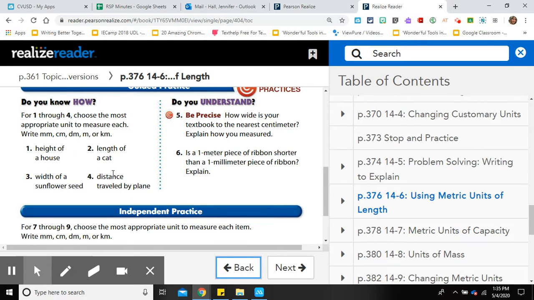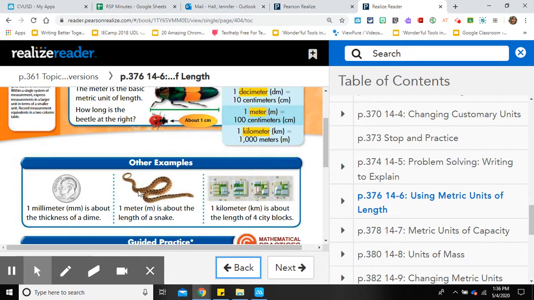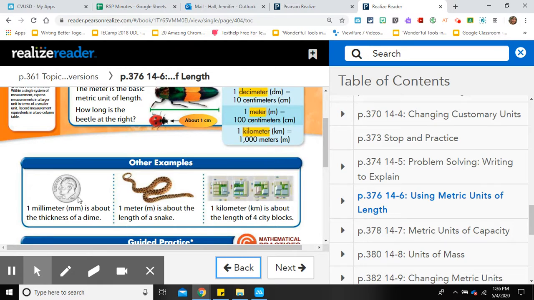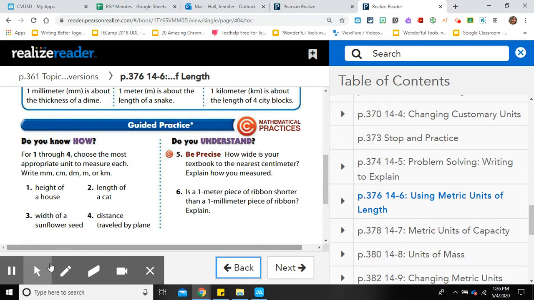Now, what about distance traveled by plane? So if you are traveling by plane, would you measure that in millimeters? Think about how thick a dime is. That'd be a lot of millimeters to measure how far a plane is traveling, right? Even the meters, even a snake, that'd be a lot of snakes, a lot of meters to measure the distance traveled by plane.